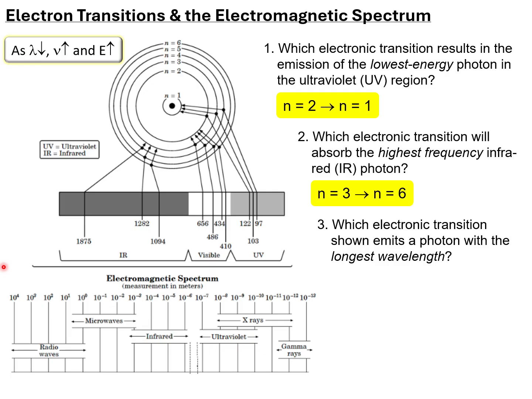Which electronic transition shown emits, so we're going from high to low, a photon with the longest wavelength? Our longest wavelength is going to be way over here, in the IR. It's 1875. We trace it back, and it's emitting, so 4 to 3.